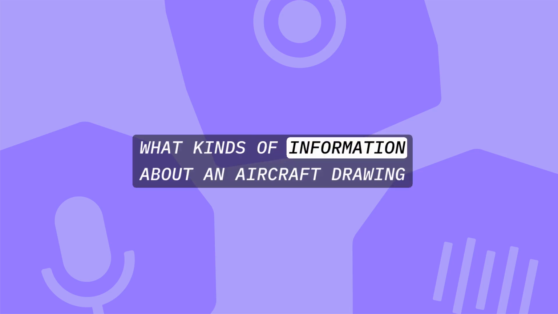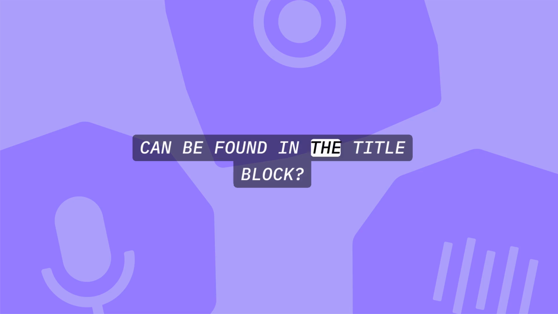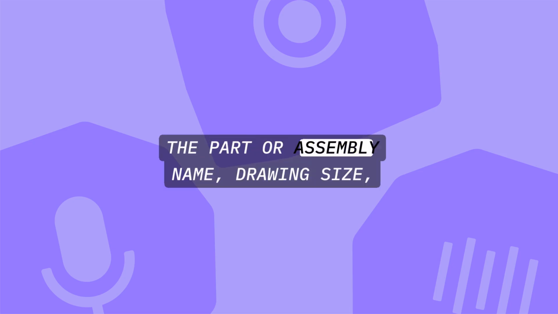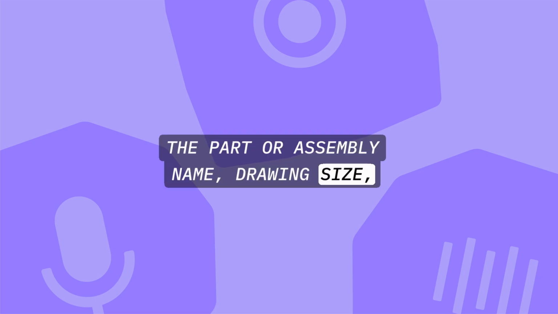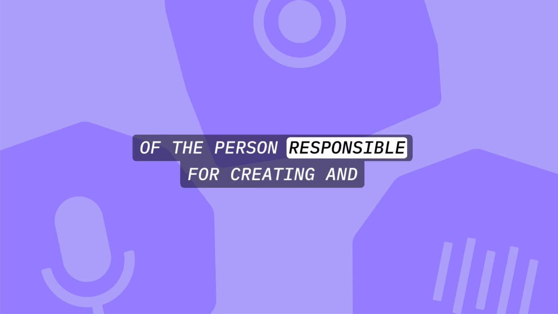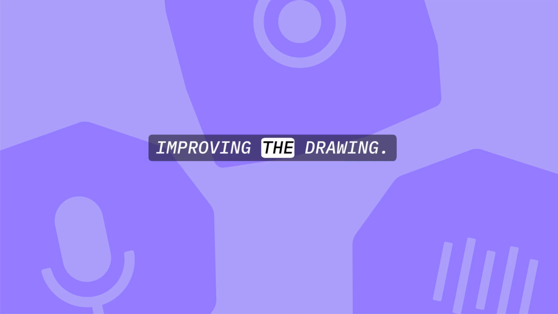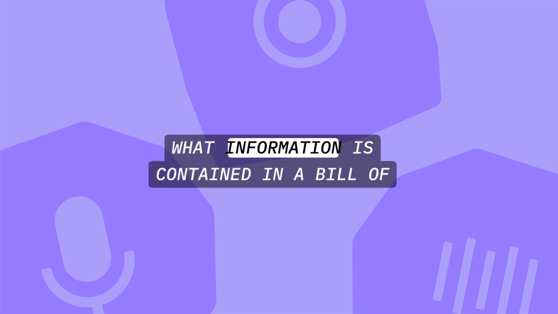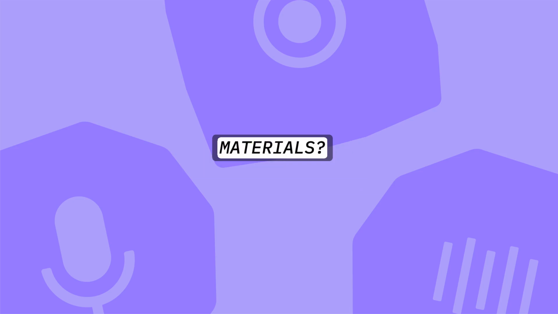What kinds of information about an aircraft drawing can be found in the title block? The part or assembly name, drawing size, scale, date, company name, or initials of the person responsible for creating and improving the drawing. What information is contained in a bill of materials?